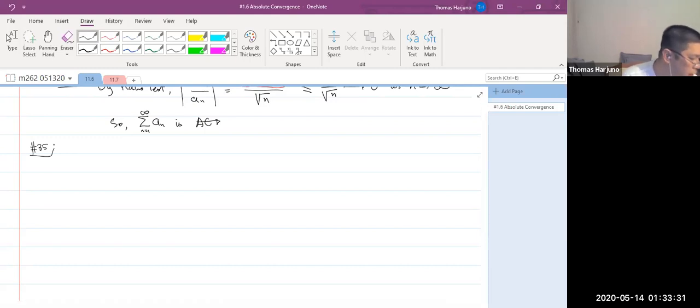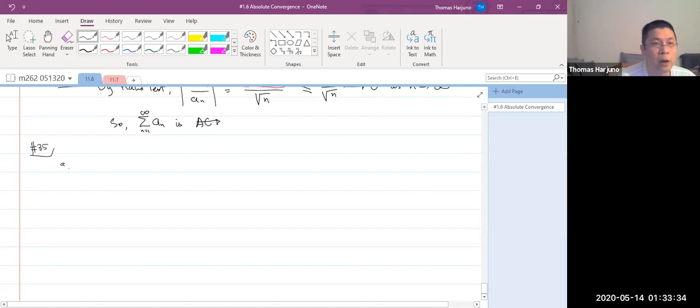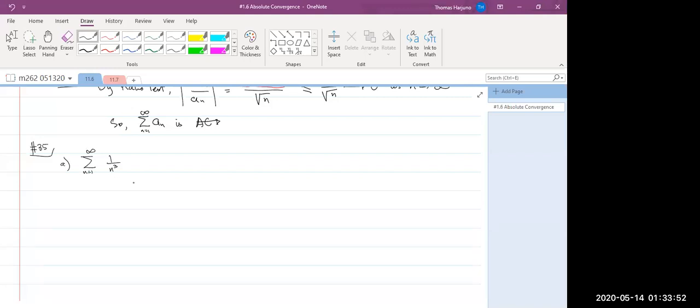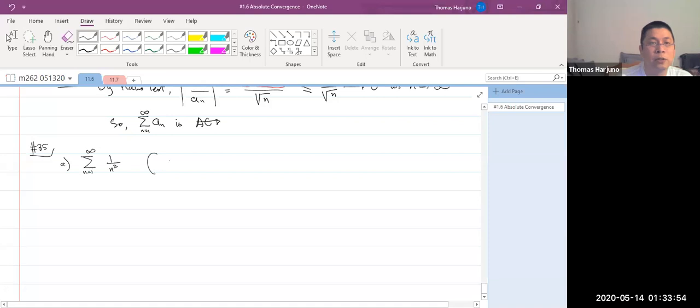If you use ratio test, it is inconclusive. So part A, for this series here, is this series convergent or divergent? It's convergent by p-series. P equals 3, which is greater than 1.